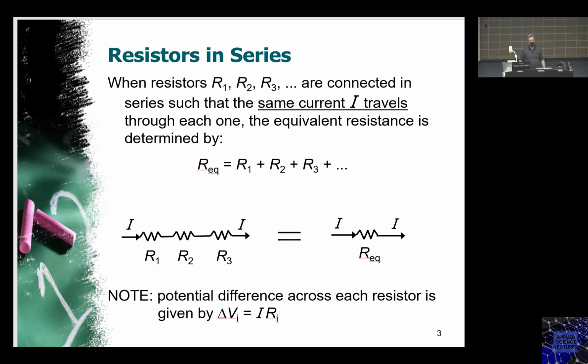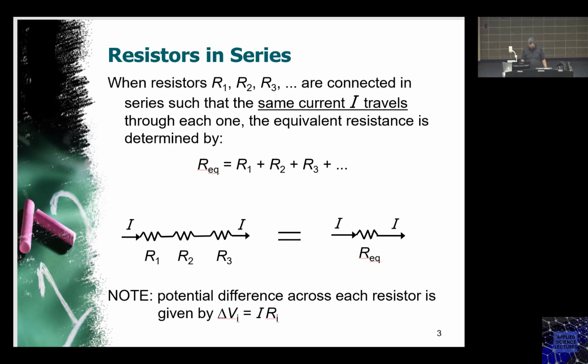But let's reintroduce the definition of the series. When do we call resistors connected in series? Two resistors are connected in series when they have one terminal being shared and the same current going through them.